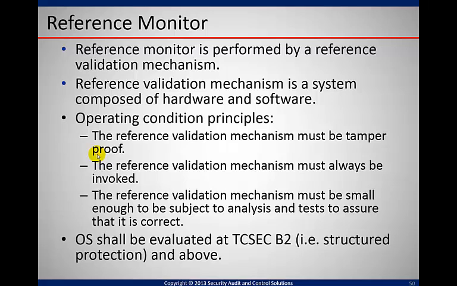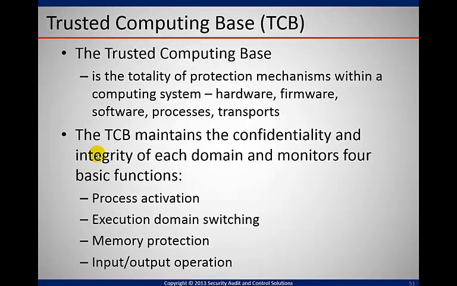Now, when we look at the operating system, it shall be evaluated at CISSP B2, that is structured protection and above. And as you know, from level B, we have labeling. A trusted computing base is the totality of the protection mechanisms within a computing system: hardware, firmware, software, processes, and transports.